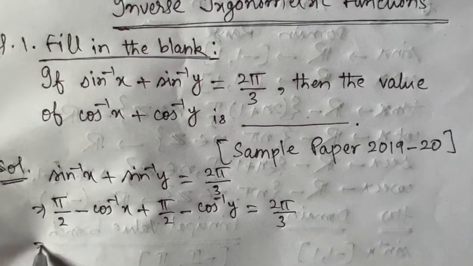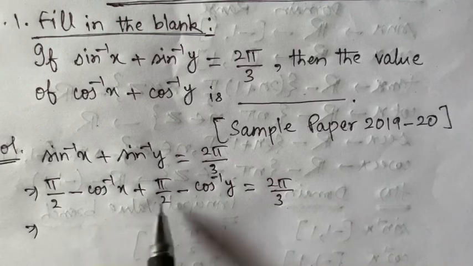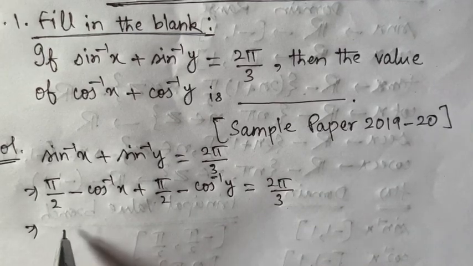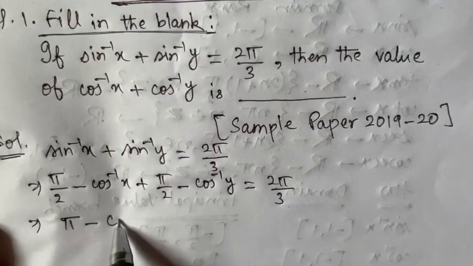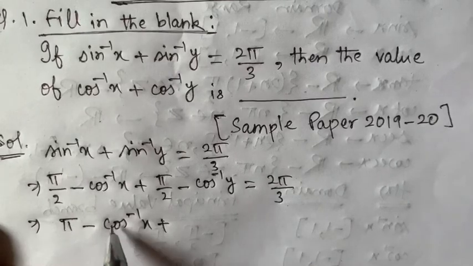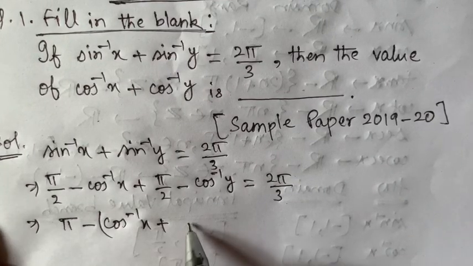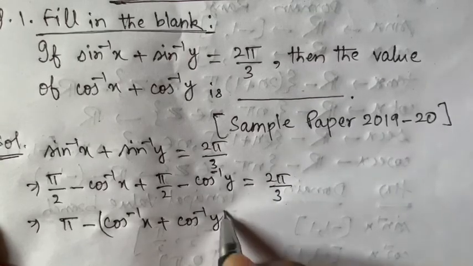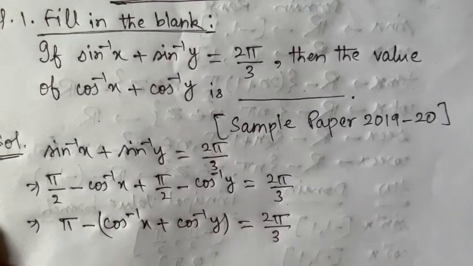Now we have the sum of two pi by 2's, and they will make pi. It is minus cos inverse of x minus cos inverse of y, so minus, when we take common, is equal to 2 pi by 3.